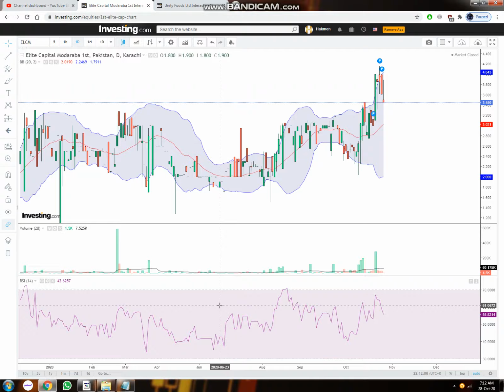Here, the 63 level and the 34 level, these two act as overbought and oversold areas. Whenever the prices reach the oversold area, buy at that level, or place your long position, and sell at the overbought area like this one.